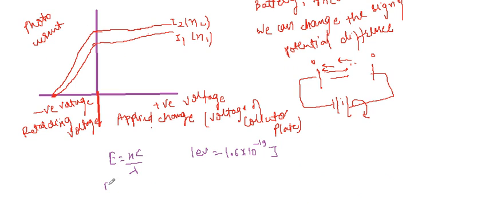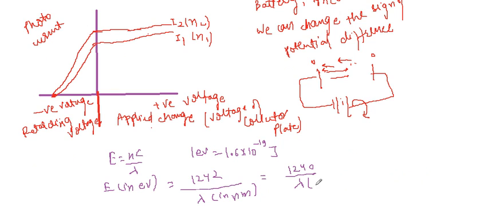E in electron volt is 1242 divided by lambda in nanometer. This is the shortcut: whenever lambda is given, you can calculate the energy in electron volt, or we can write it as 1240 divided by lambda in nanometer.